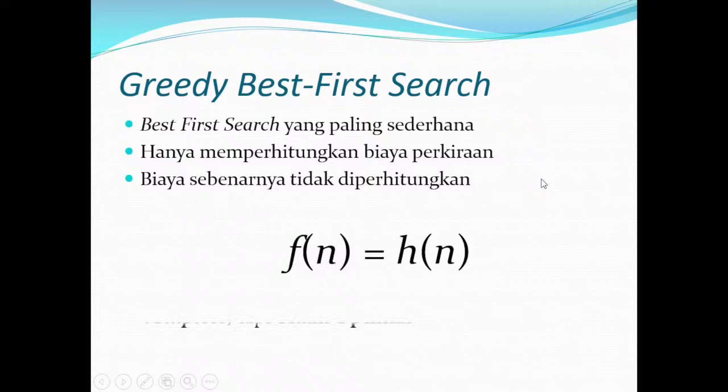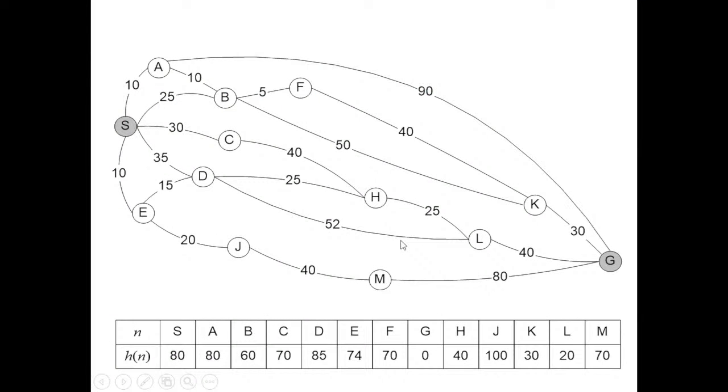Okay, so the greedy BFS uses only the heuristic values. In here we use the heuristic values, and doing so we will have a complete but not optimum search. Why? Since there is a problem in here.